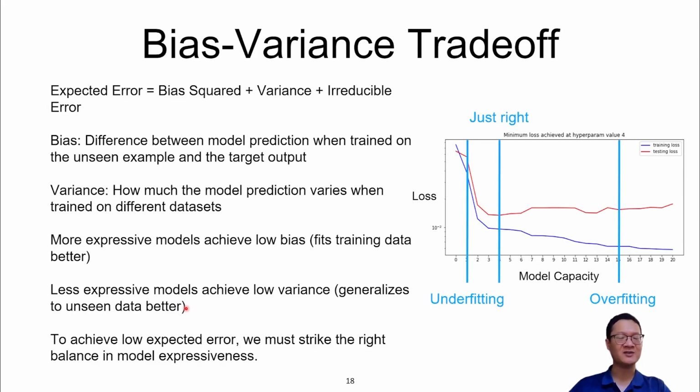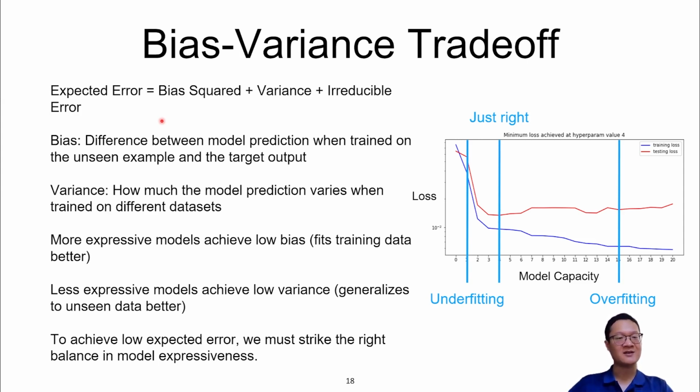And we delved a little bit into the theory here and talked about the bias variance trade-off. Basically the expected error, which is what we want to minimize, can be decomposed into three parts: the bias squared, variance, and also irreducible error. The bias refers to the difference between model predictions when trained on the unseen examples and the target output.